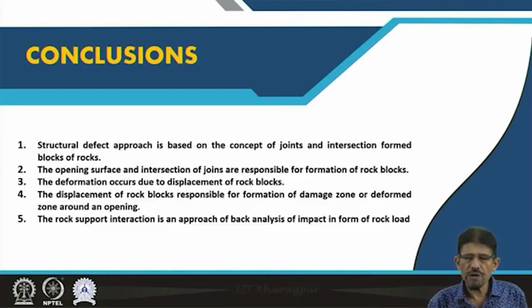We have discussed the structural defect approach. The structural defect approach is similar to block theory, and as per the concept proposed by Goodman and Shi in 1985, the blocks of rock that are rigid in nature form due to intersection of joints, where the joints should be more than one.